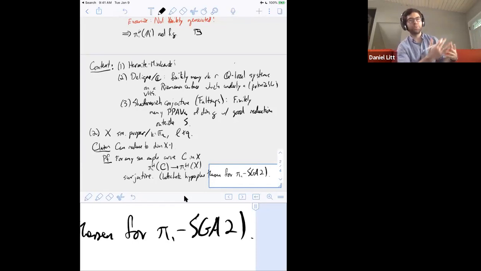So what would we do if we were over the complex numbers? We'd take some very ample line bundle, and then we'd cut by hyperplane sections of that line bundle until we had a curve, and we'd know from Bertini that for a generic way of doing that, we'd get something smooth. So over a finite field, generic doesn't cut it, because there are only finitely many sections of a given line bundle; we have an F_p vector space.